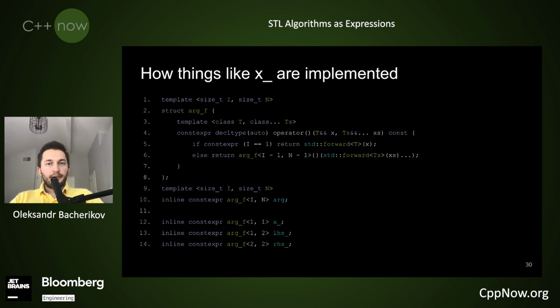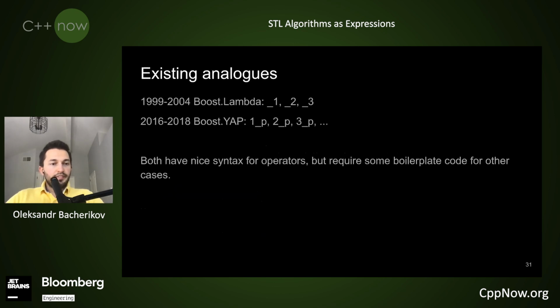And I'm not sure about the naming style in here. I just added underscore at the end to distinguish them from local variables. And yeah, I'm fully aware that there are existing implementations of a similar thing. Even we had one since early 2000s in Boost Lambda, which provided 3 placeholders. And the more modern version is in Boost Yap with a slightly different syntax.